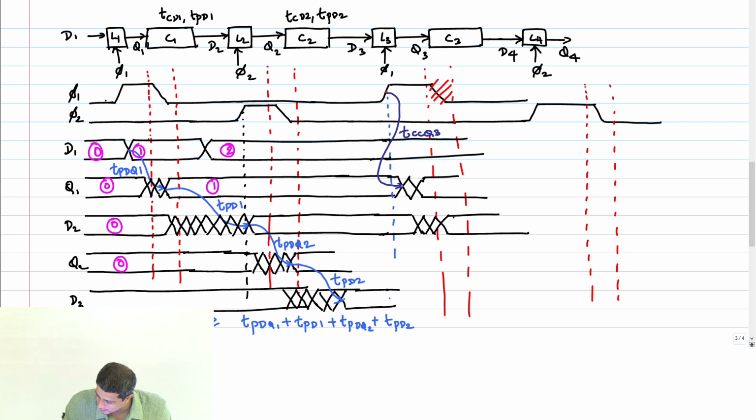From the earliest change of Q1 to D2, there is a delay of TCD. Oh, by the way, this is not TCCQ3 then. This is TCD1. Right?